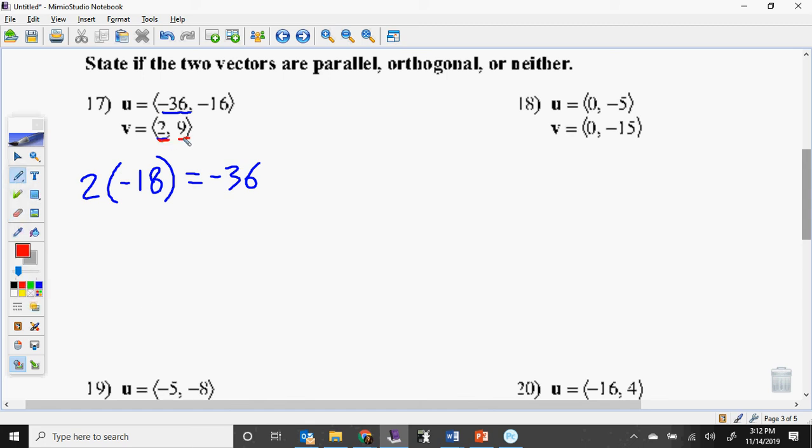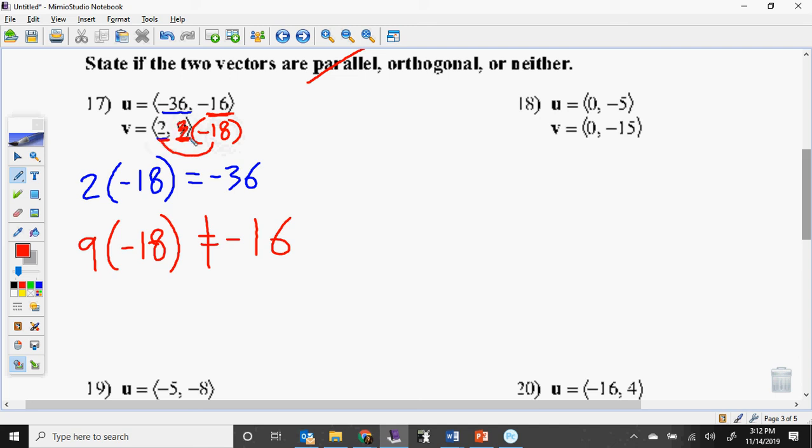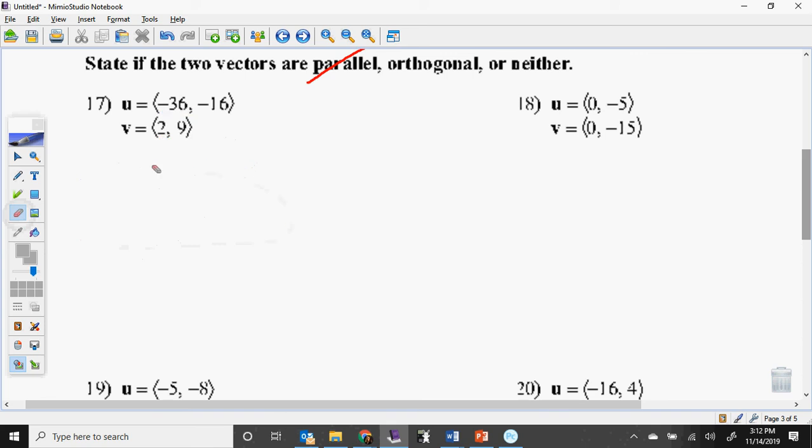Now let's see if that works for the other one. How about 9 times negative 18? Does 9 times negative 18 give me negative 16? No, it does not. So those two are not parallel. I need to be able to multiply both of these by some number. In this case, I tried negative 18. It worked for the first one, but it didn't work for that one. So, not parallel.